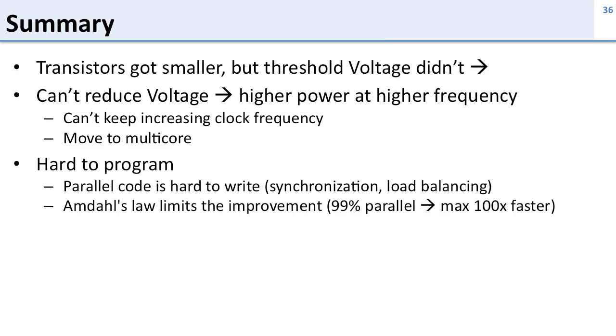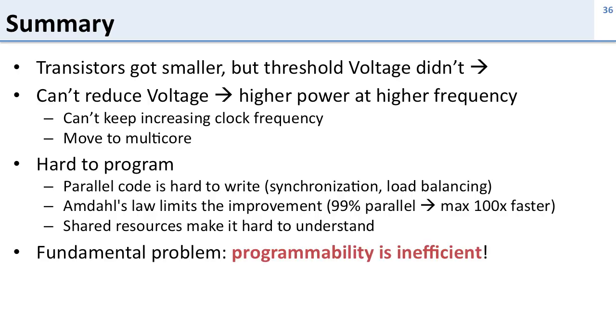So even if we're 99% parallel, we can't go any more than 100 times faster. We also saw the issue of shared resources. If you're running multiple programs together and they're sharing a cache, it's hard to understand the performance. And the fundamental problem here is that programmability is inefficient. That is, we built processors that are easy to program, but it means they're spending most of their time doing things other than work.